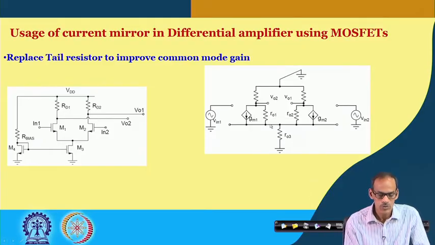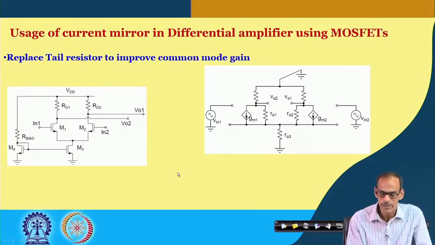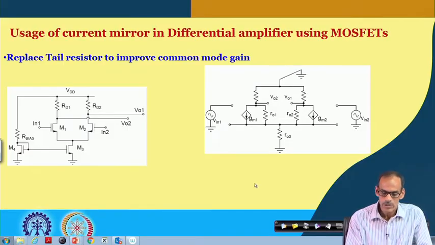Here we have the small signal equivalent circuit, and using it you can again derive the expression. You have already compared, so we can skip this part and go directly to the differential mode gain improvement by replacing the load part.